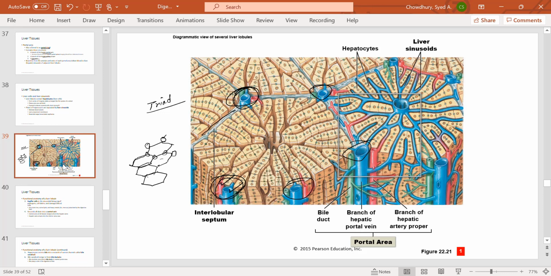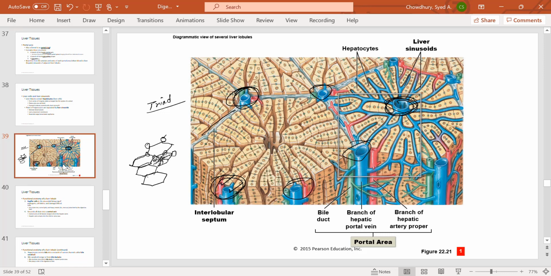Okay, now inside the lobule you will see a central vein. Here this is the central vein in the center, and then you will see the hepatocytes, very nicely organized. Hepatocytes are the liver cells, right, and the hepatocytes secrete bile. You remember I said bile is produced and secreted in the liver.